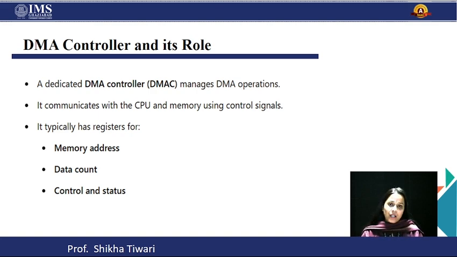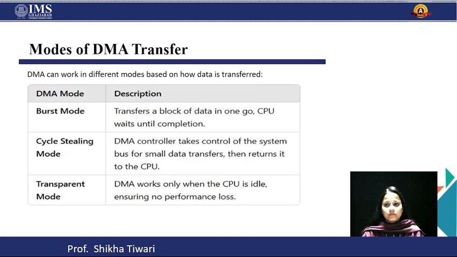So in this the back counting is done, like if 10 words need to be transferred, then after transmitting one data it will be 9, after transmitting another data it will be 8, and similarly when the data count reaches 0, the buses will be given again to the CPU. And control and status is basically to supervise all the functioning of the DMAC.